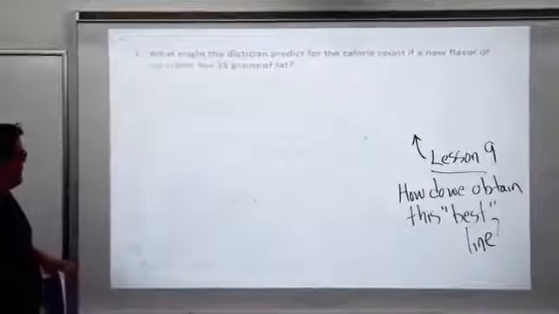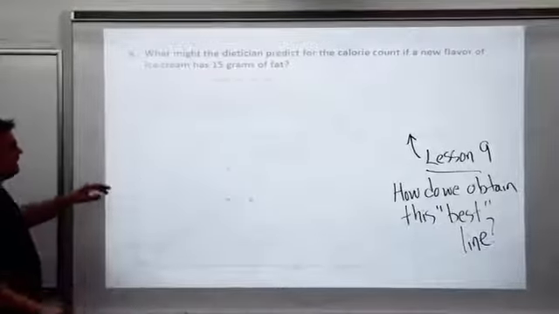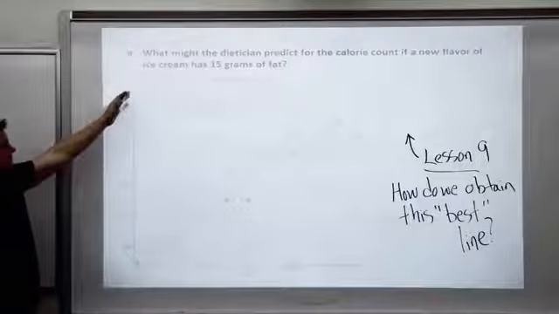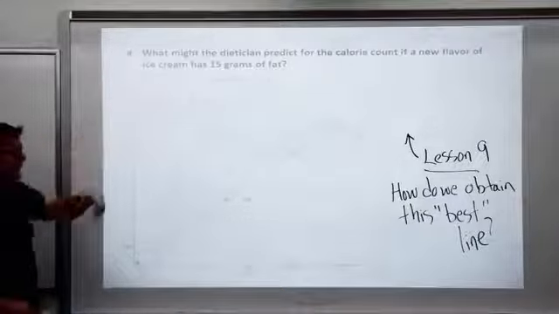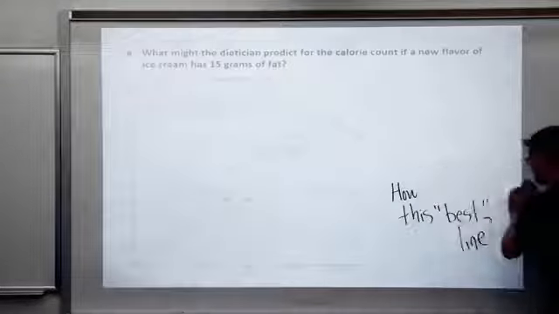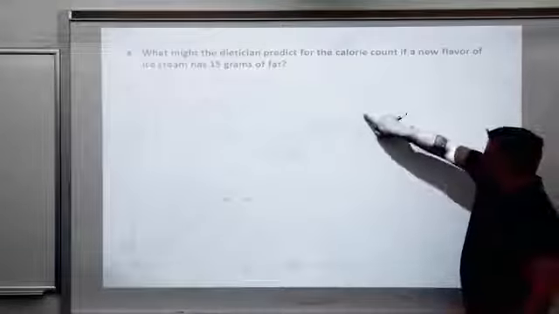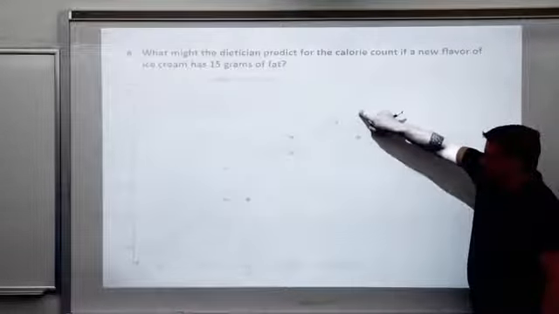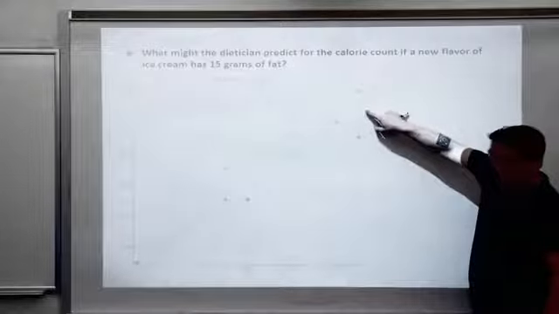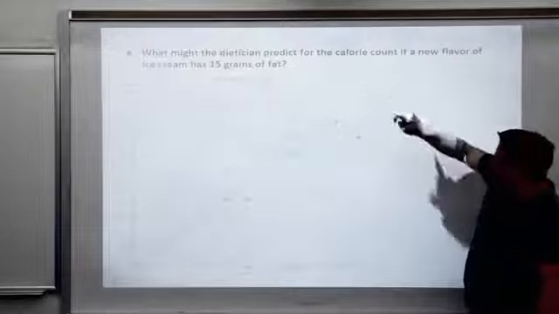Part A, what might the dietitian predict for calorie count? The dietitian would like to know the calories if a new flavor of ice cream has 15 grams of fat. At this point, I don't have the mathematical formula, the y equals mx plus b you might be familiar with from algebra class, to precisely answer this question.